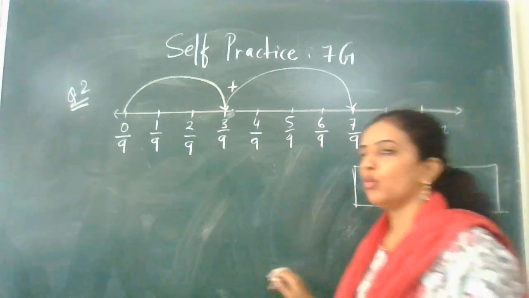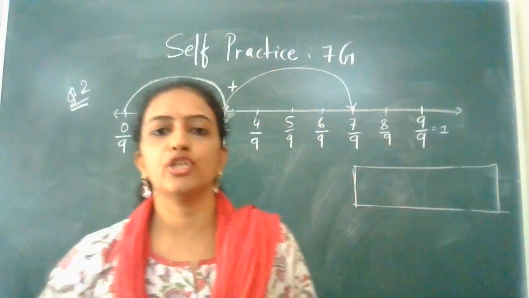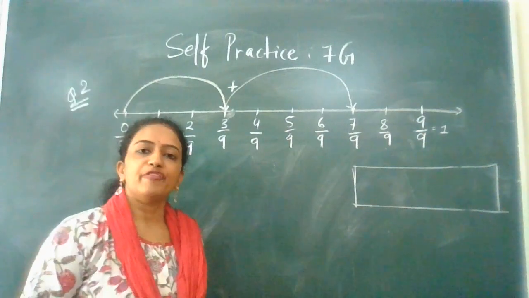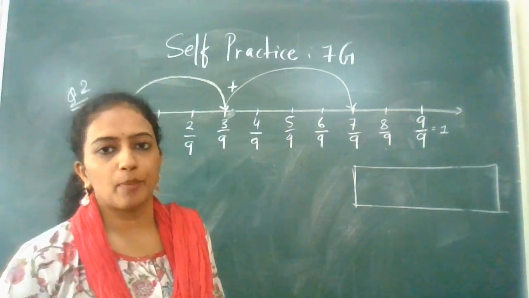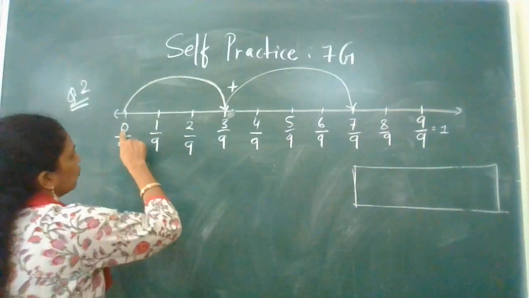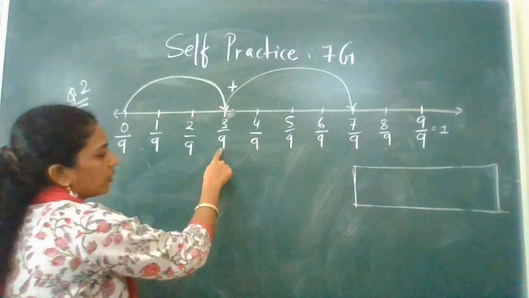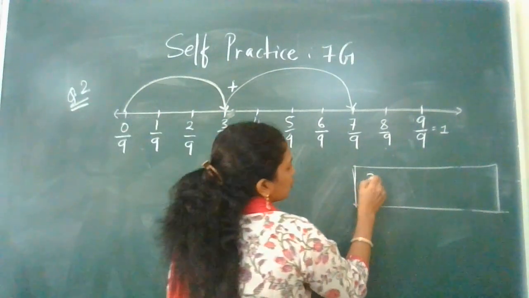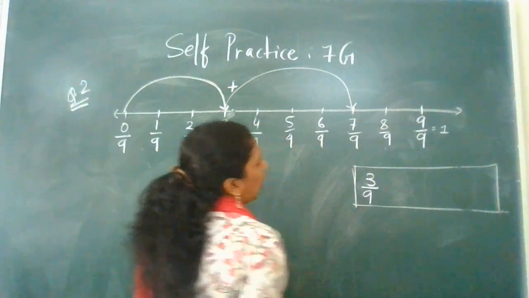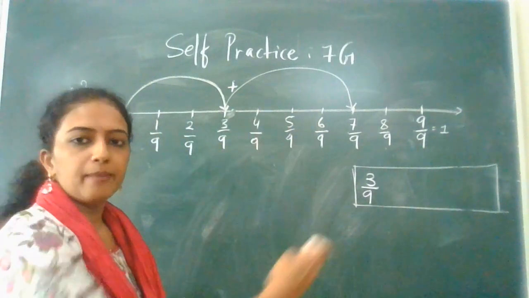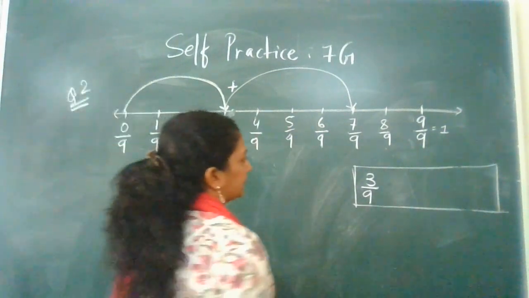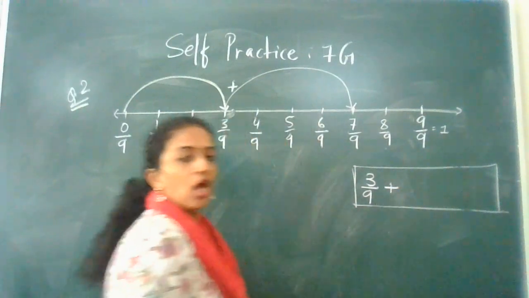We all know when we do addition on the number line, we first go to the first number from the 0. So as I am moving from 0 to 3 upon 9, it means my first fraction is 3 upon 9. As I am moving forward, it means I am doing addition, so plus sign.